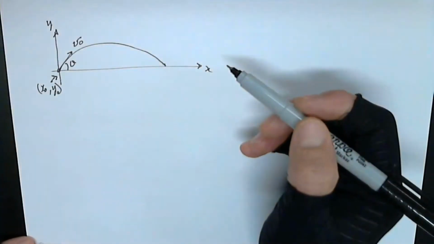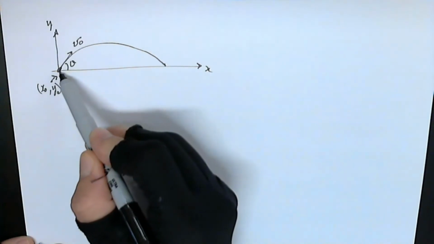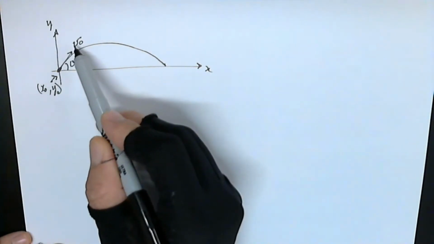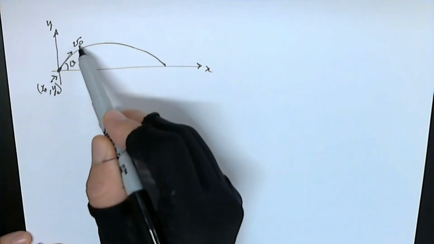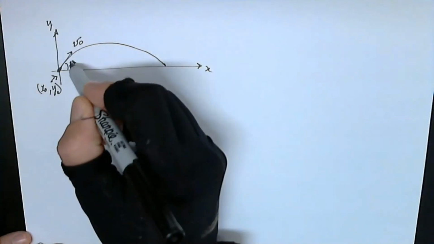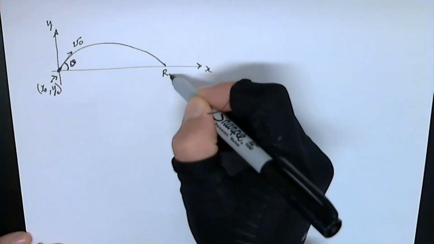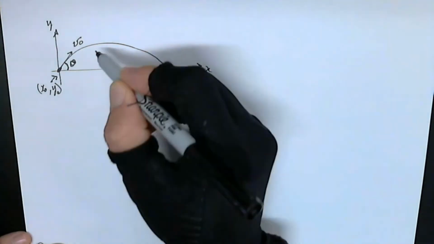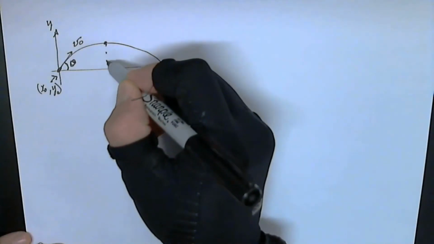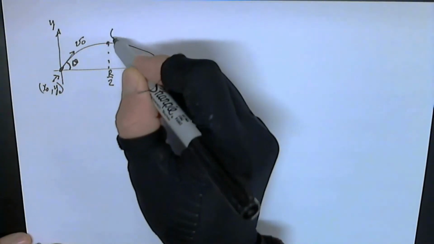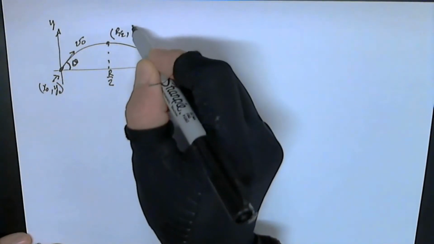So the object is at 0, 0. At time 0 it is moving with initial velocity v0 and angle theta. And we want to find this r, and this one, which looks like this, r over 2, and h.